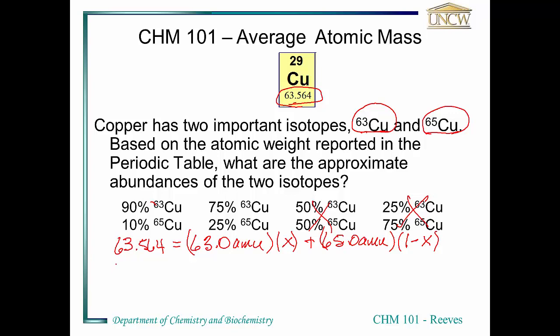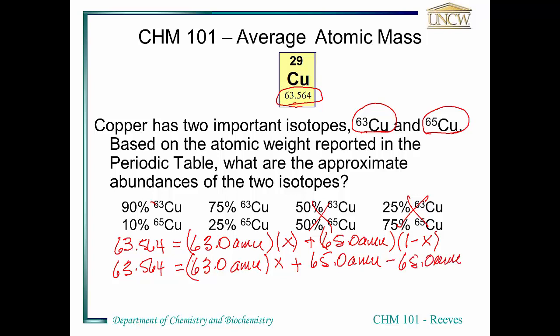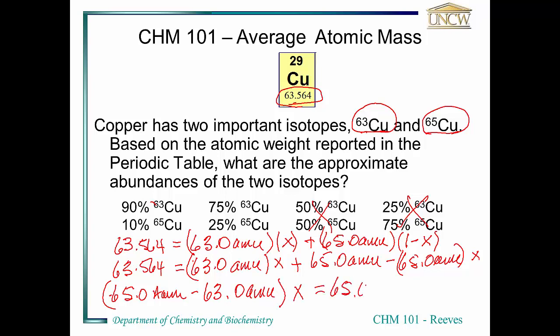The way we go about that is that we multiply out our terms. 63.564 is going to be 63.0 AMU times X plus 65.0 AMU minus 65.0 AMU times X. Now, if we combine terms, 65.0 AMU minus 63.0 AMU times X equals 65.0 minus 63.564.